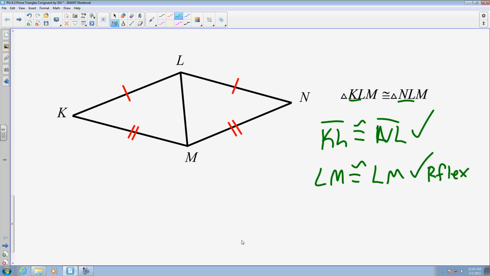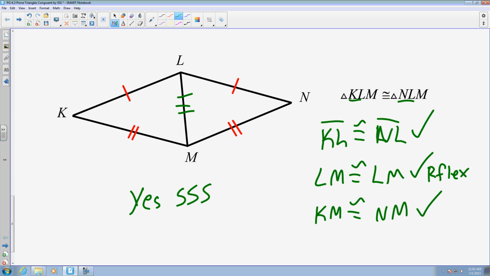So that does check out, which is the same thing. And then finally, they want us to see if KM, which is 2 tick marks, is congruent to NM, which is 2 tick marks. So yeah, it is true, so that gets checked off. So since all 3 things get checked off, I can say yes, because of side-side-side congruency, triangle KLM is congruent to triangle NLM. Okay.